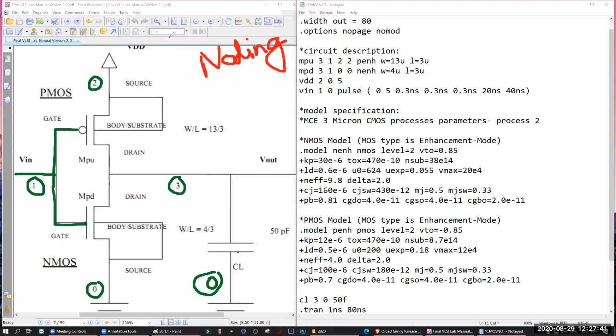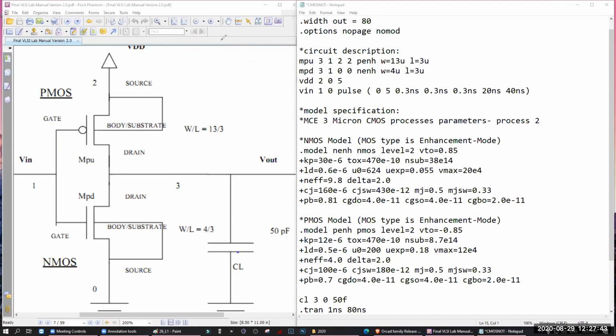I'm going to highlight all of these again by using a bigger one. So this is 1. This is node number 1, right? Let's use a different color. This is node number 2, the source and the VDD, right? Yes, node number 2. Next, use a different color.